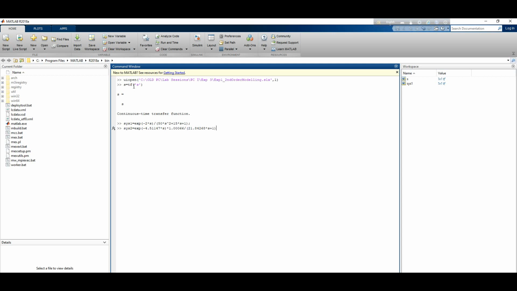This is the system 2. Okay, these two systems are already defined.